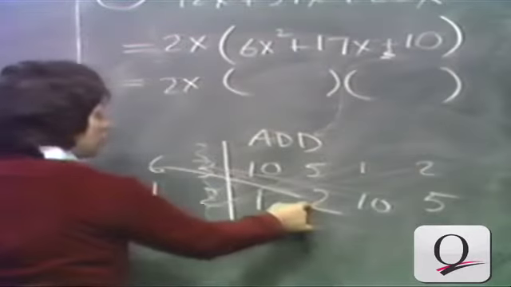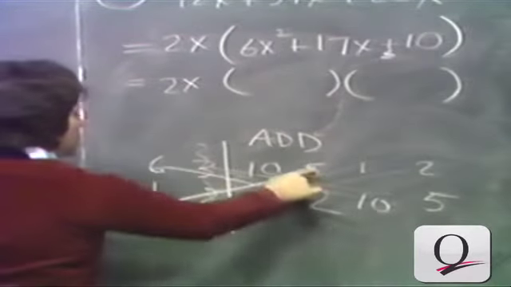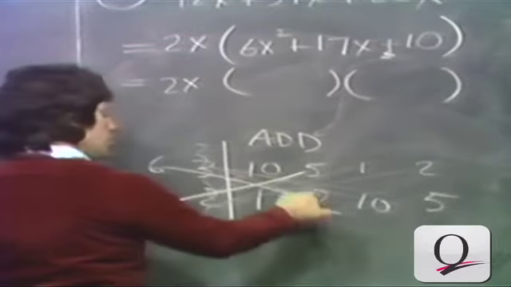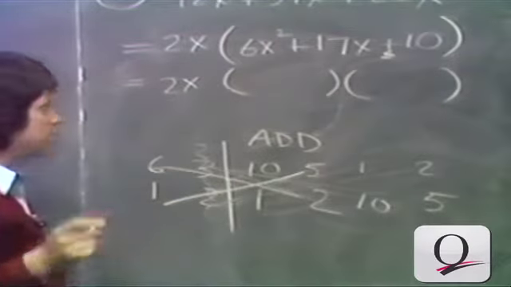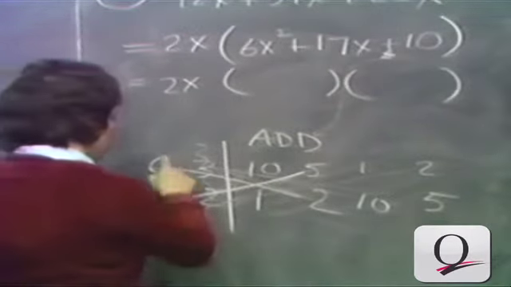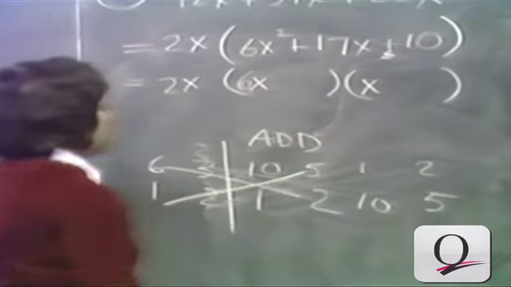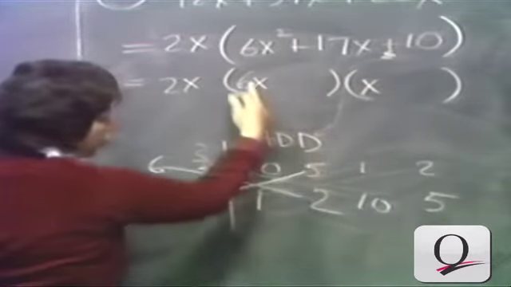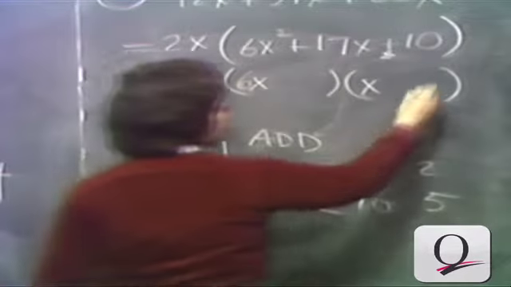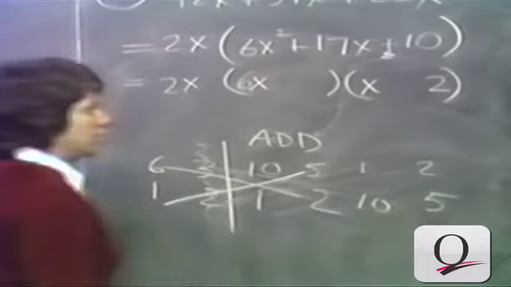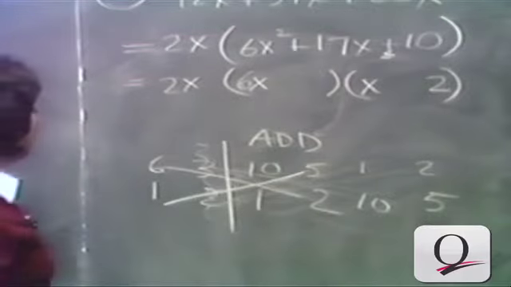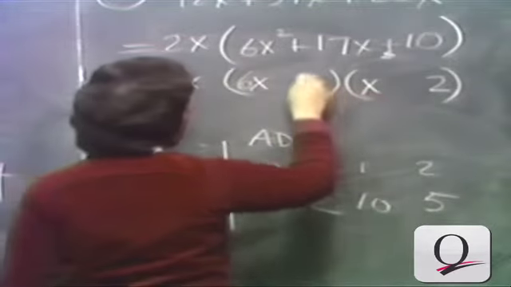But now we have it. 6 times 2, that's 12. 5 times 1. 1 times 5, 5. 12 plus 5, 17. So on the x side, we'll have the 6x and the 1x. Now, the 6 is to multiply the 2. Since the 6 is on the outside, the 2 is going to have to be on the outside, the way FOIL works. The 5 is to multiply the 1.